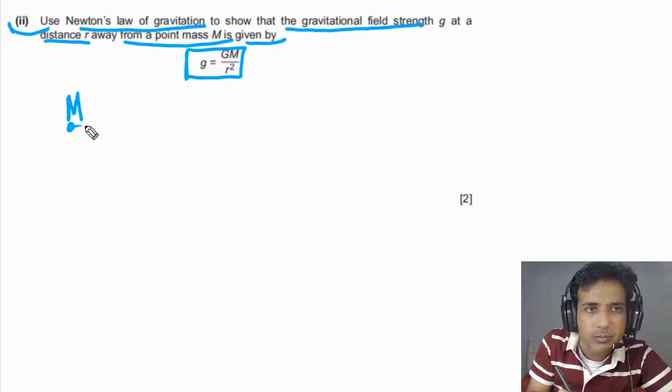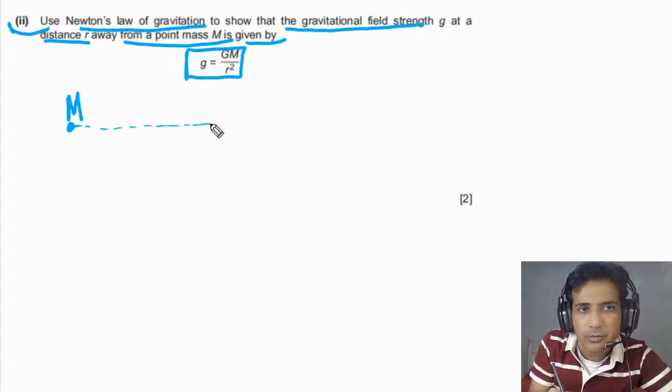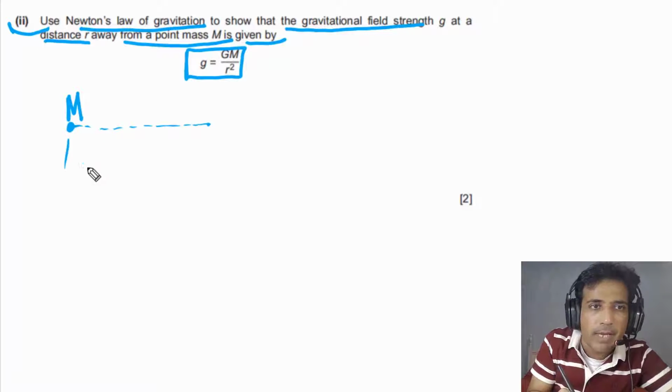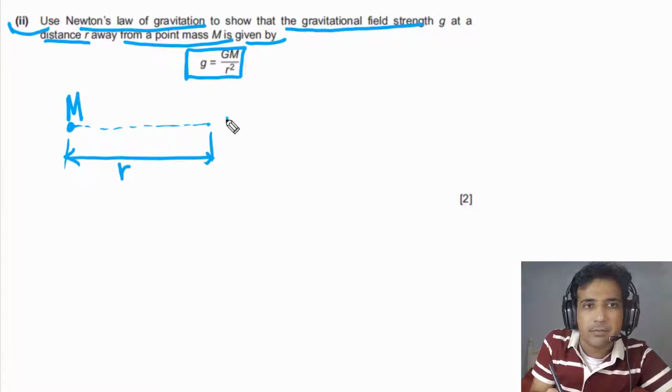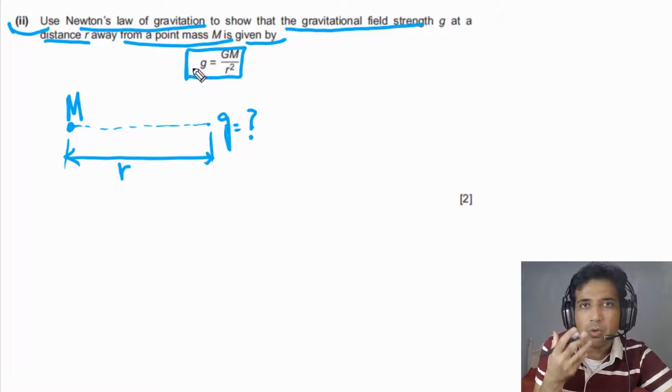This question is simply asking us to find out the value of gravitational field at a distance small r away from this mass. At distance r means at this point we need to find out value of g, means we need to derive this equation, and we need to use Newton's law of gravitation.